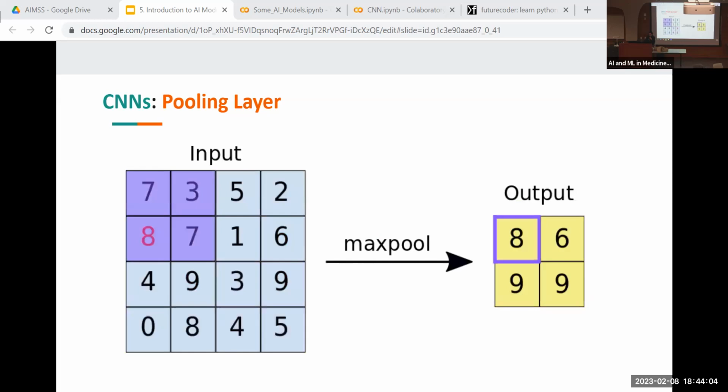And again, when our input is a picture, it's a 2D array. If we want to do pooling, there are different types of pooling. One is max pool. It goes through the picture, and in each score, it chooses the highest value, the maximum value, and it produces an output.